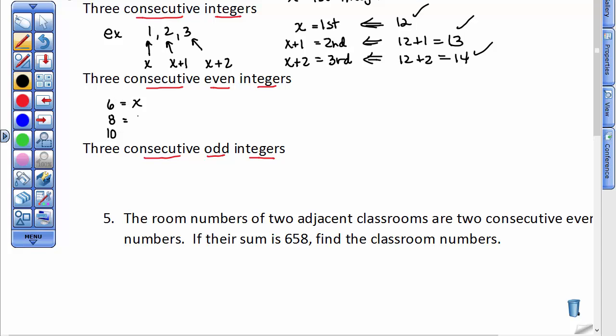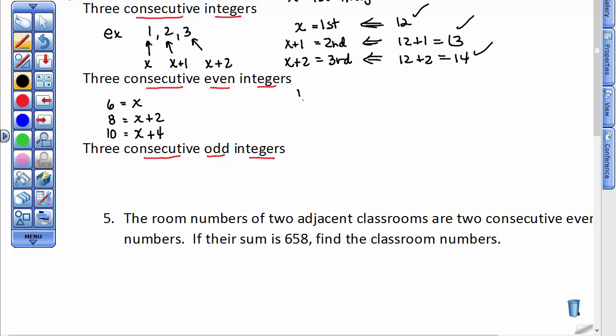So the way we would write an expression for the second of these consecutive integers is to take the first, the 6, and add 2 to it in order to get the 8. But then, to get the third consecutive integer, we'd take the original 6 and add 4 to it in order to get to the 10. So if we started with x, which is 6, 6 plus 4 is 10.